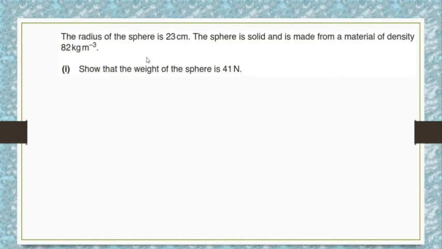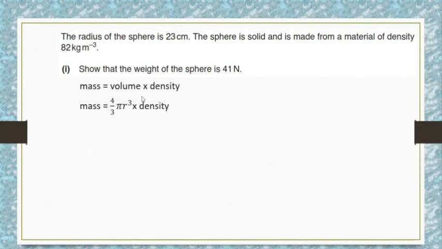Weight is mass times g, so we have to find the mass first because it is not given. And we know that rho equals m over v, so mass is volume multiplied by density, rho. So mass is equal to 4 over 3 pi r cubed, this is the volume of the sphere, multiplied by the density.